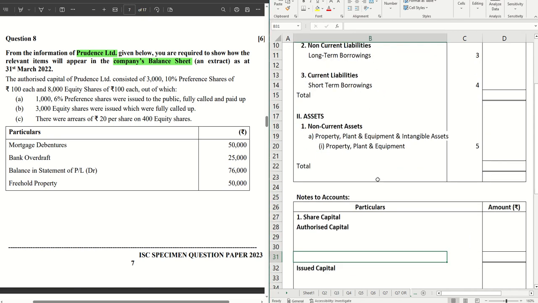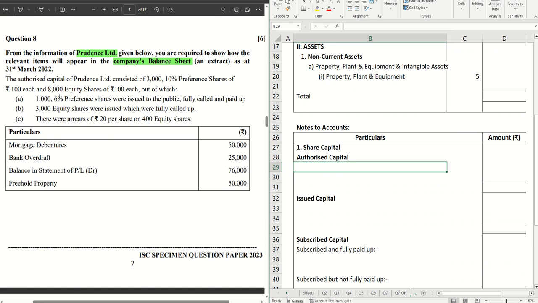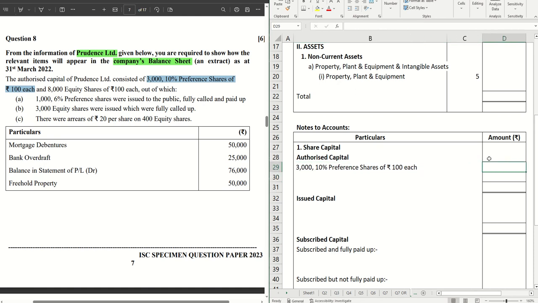So let's go to notes to account straight away. And here under authorized capital, we'll mention 3,000 10% preference shares of rupees 100 each. And that comes to straight away 3 lakhs.